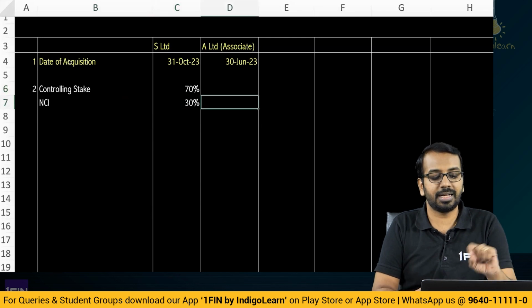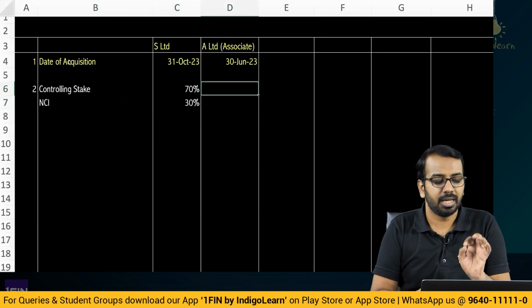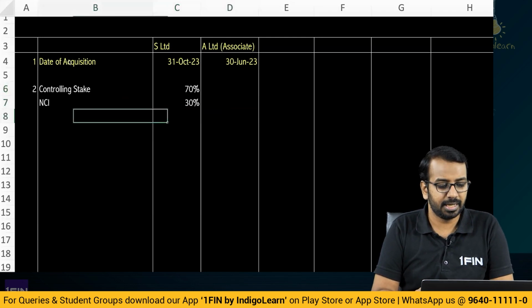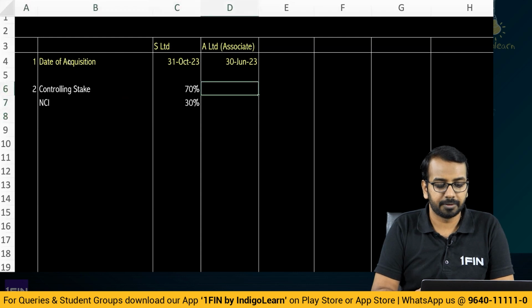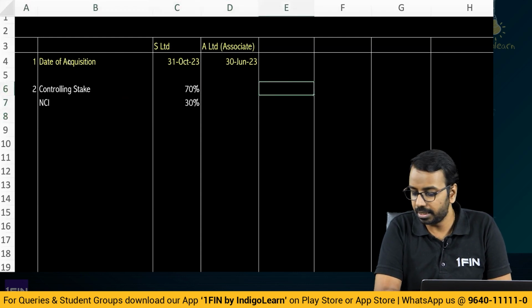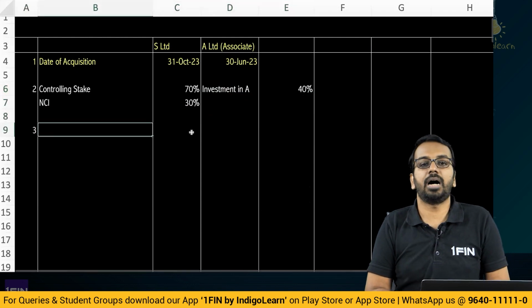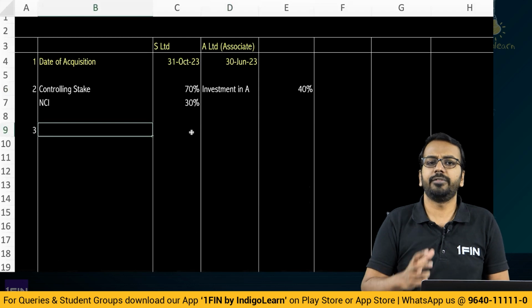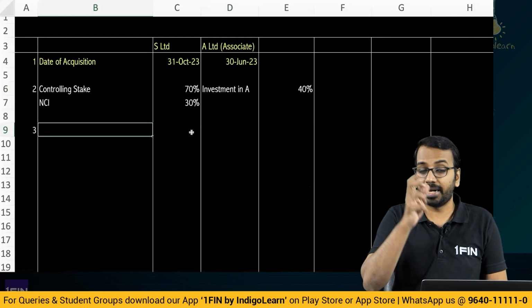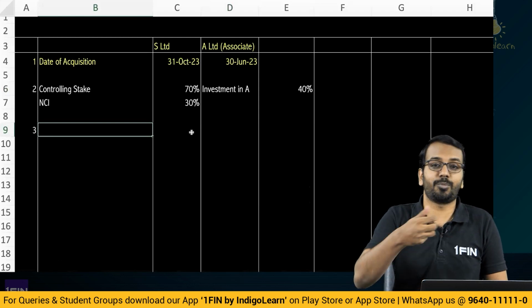Now, as far as associate is concerned, it is not a controlling stake. You can just say in associate, the investment is 40%, right. Now, after having done this, we will do analysis of reserves, or identify how much is the pre-acquisition and post-acquisition reserve.